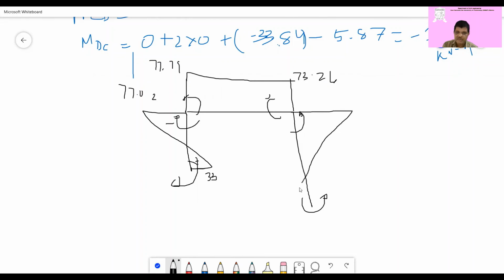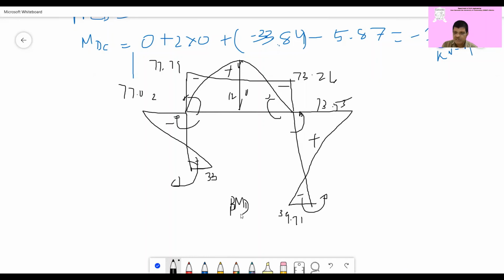So this value comes 73.55, and this value comes out to be 39.7. Write all the values. This is negative, this is positive, and here you have a UDL. So WL square by 8, so 120. So this coordinate is 120. So this is the bending moment diagram.